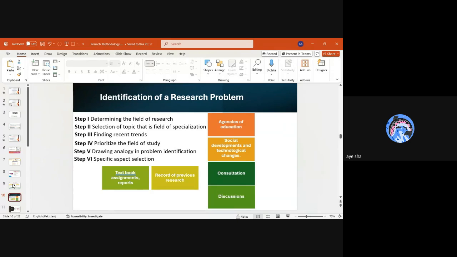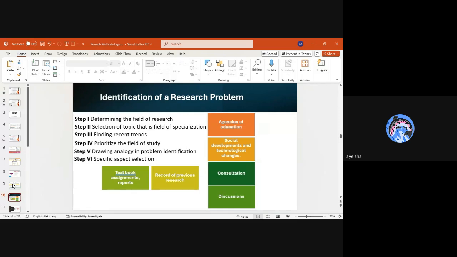Then obviously you will find the field of specialization, because water pollution is a very broad area. So you cannot do research on all the aspects, right? You will select your field of specialization, okay? And then you will find the recent trends, what other researchers are doing, or what other businesses are doing.